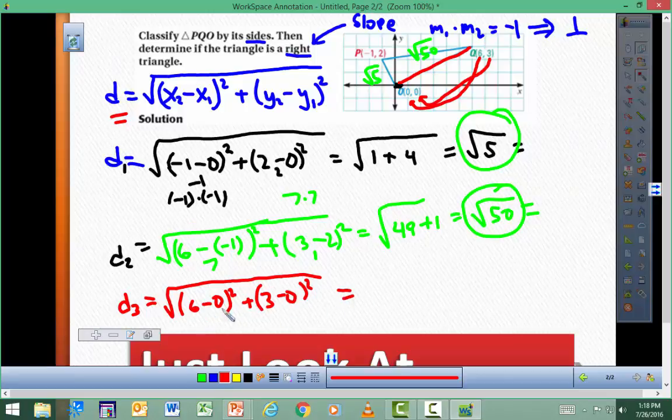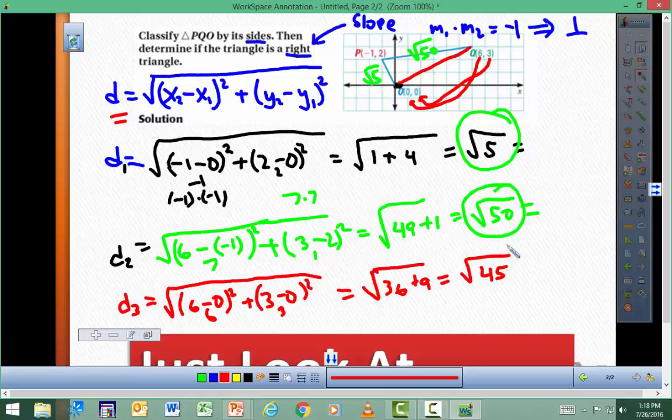And of course, 6 minus 0 is a 6, and so 6 squared is equal to 36. And then 3 minus 0, of course, is 3, and then 3 squared is 9. And so that's equal to the square root of 45.